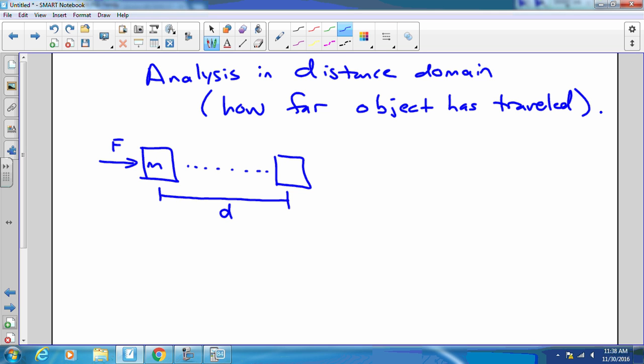Here's my object of mass m. Because the object is experiencing this force, use your prior knowledge here, what will that object experience as a result of the force? Acceleration. And as a result of the acceleration, what's going to happen to its speed? It's probably going to increase. The only way that wouldn't happen is if the object were already moving backwards. In that case, the force would slow it down. But let's assume that the object starts from rest.